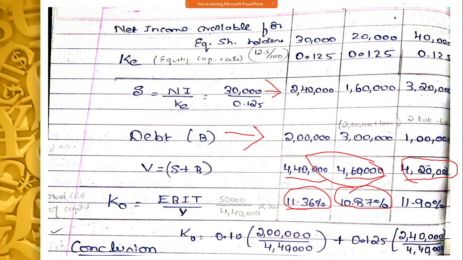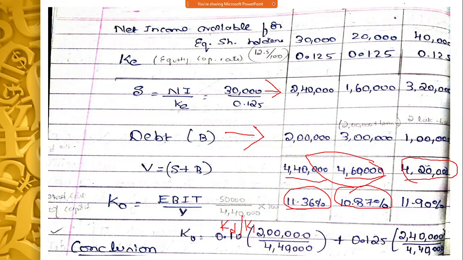Now you can find K naught by one more formula. That is, if the EBIT is not given, you have the rate of debt. The cost of debt, KD or KI, has been given to be 10%.